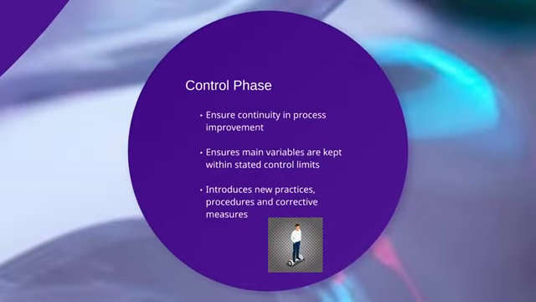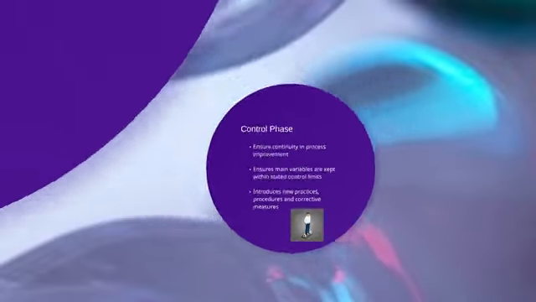The last phase of the DMAIC process is the control phase. The control phase ensures continuity in the process improvement. It ensures that the main variables are kept within the stated control limits, and introduces new practices, procedures, and corrective measures.